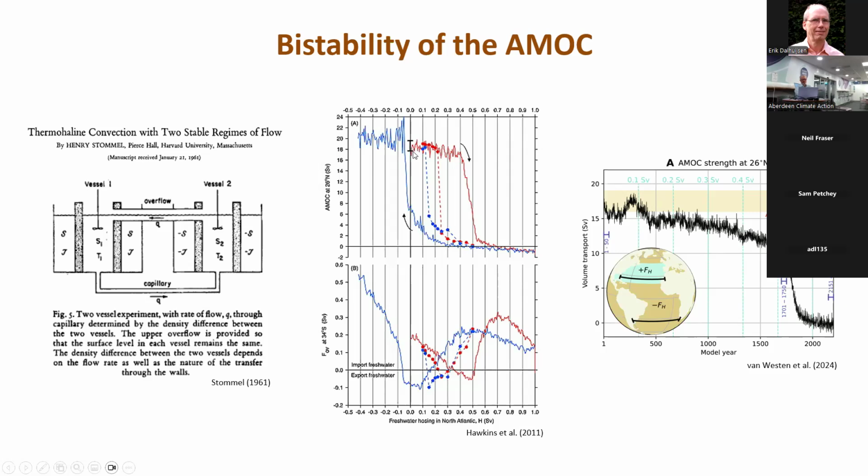So if we start here at 0 on the red curve, the y-axis is the strength of the AMOC. And as we increase the freshwater forcing, we see that the AMOC is pretty stable. It doesn't react much until we hit this critical threshold where the AMOC strength drops dramatically and the circulation completely collapses.